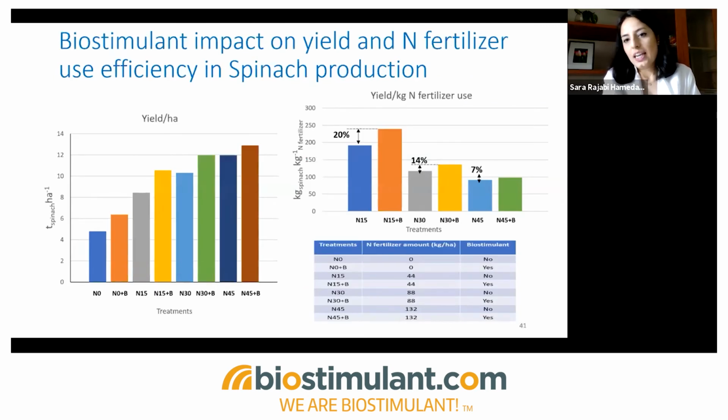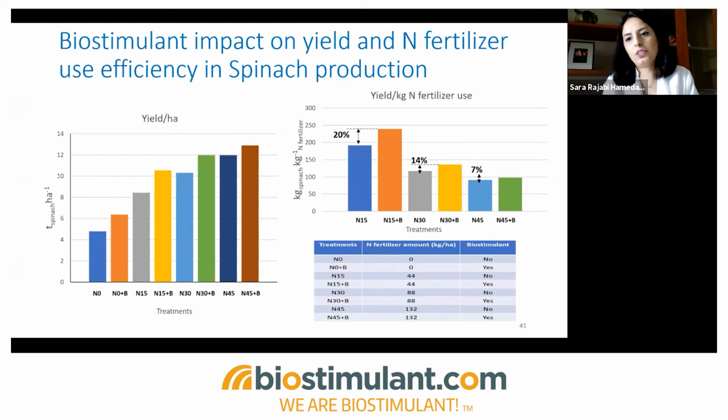In a spinach case study, the production of spinach was increased by increasing the nitrogen fertilization rates, while biostimulant application enhanced spinach yield, especially under lower nitrogen supply.